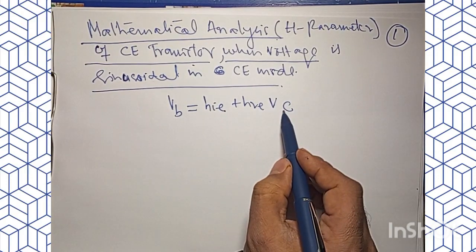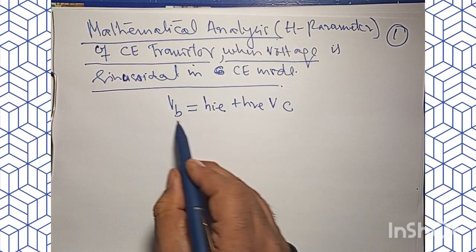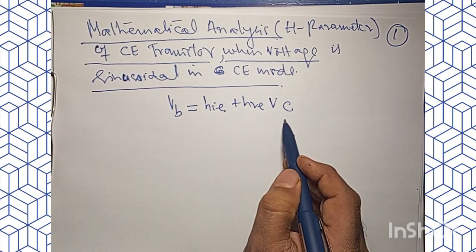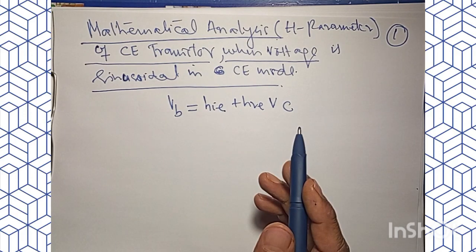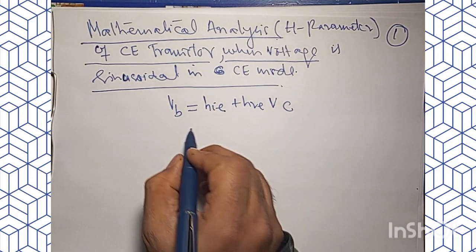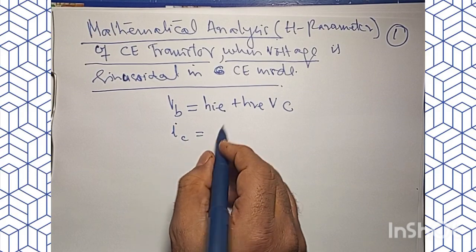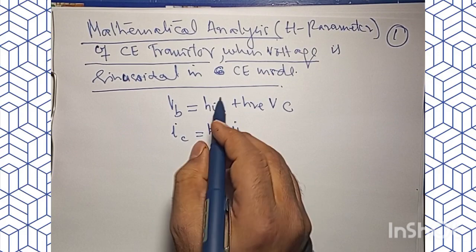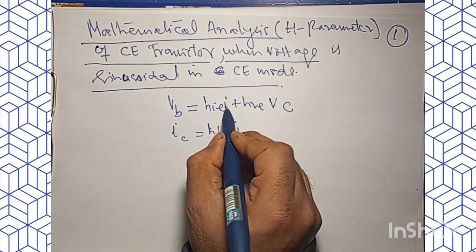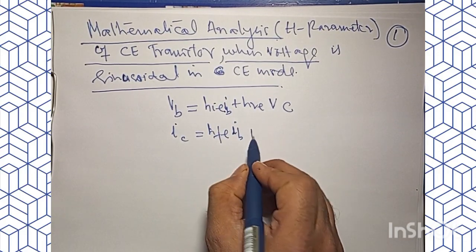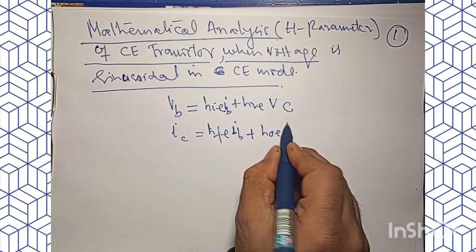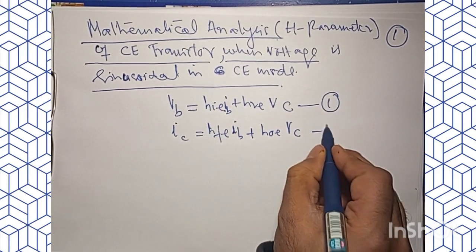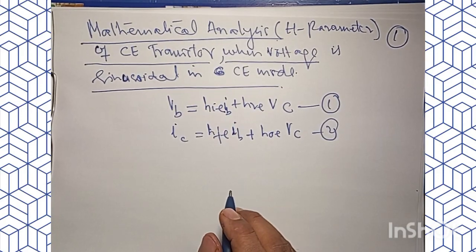C is for V2 and B is for V1. This is the base voltage and here it is the collector voltage, because we are considering this transistor in common emitter mode. So here IC will be HFE IB, the base current, plus HOE VC. I will call this equation 1, and this equation 2.